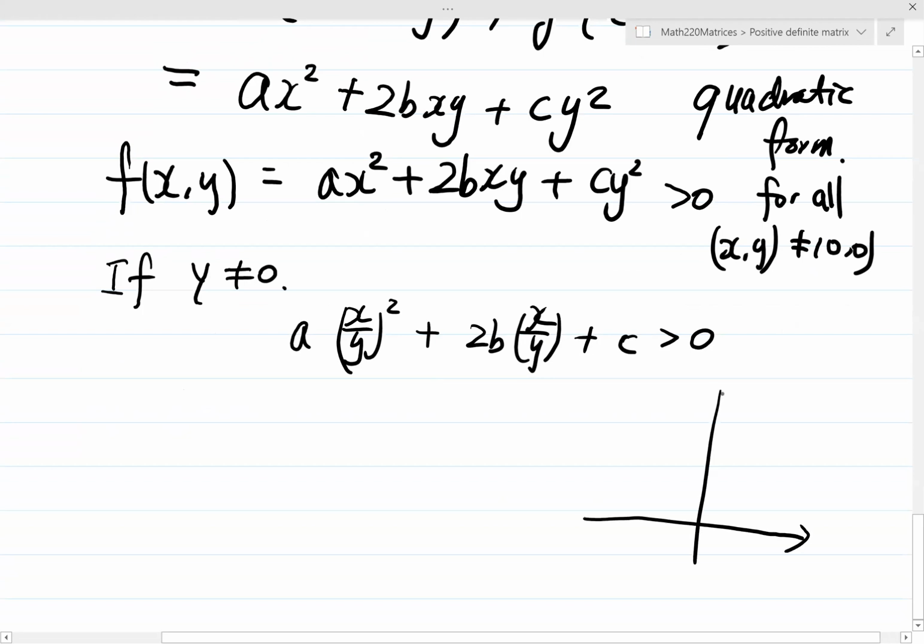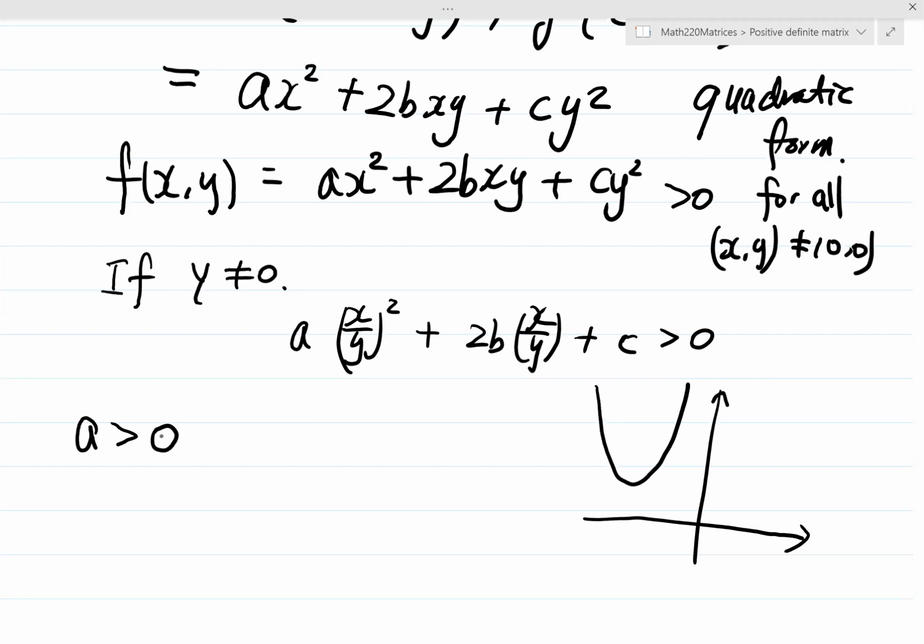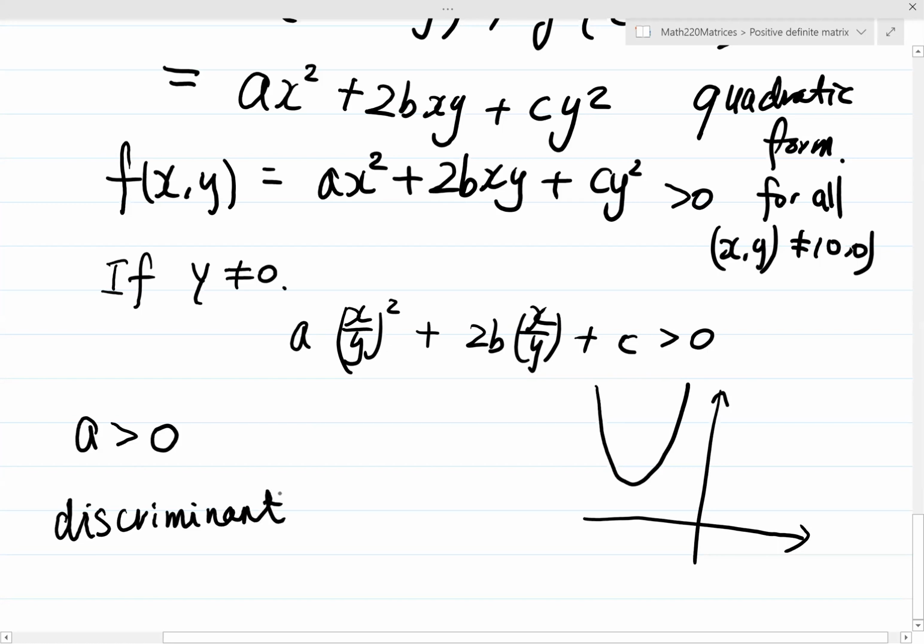So a controls the direction. It's U shape or the other manner. So this tells us a should be positive. And the discriminant, be careful, don't confuse yourself with determinant.